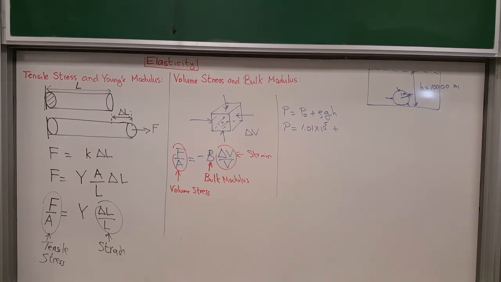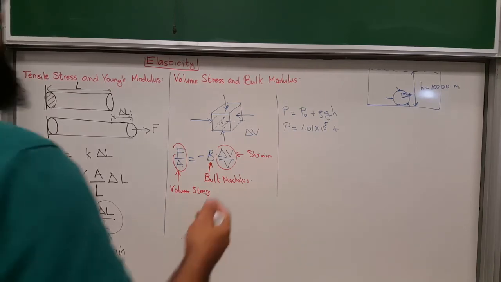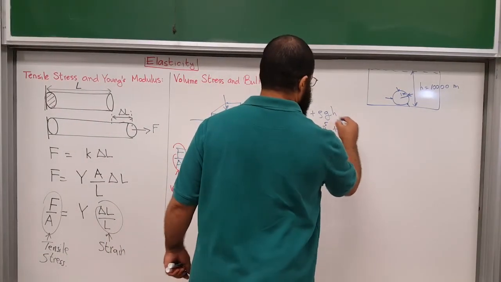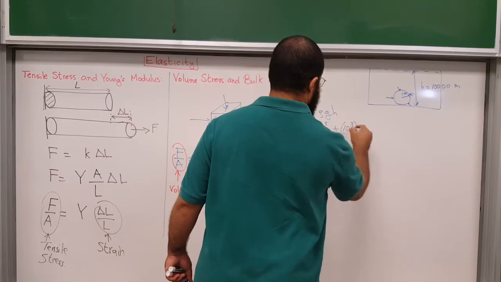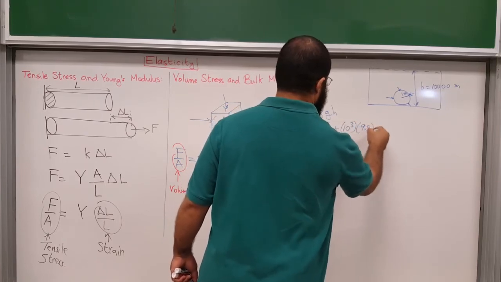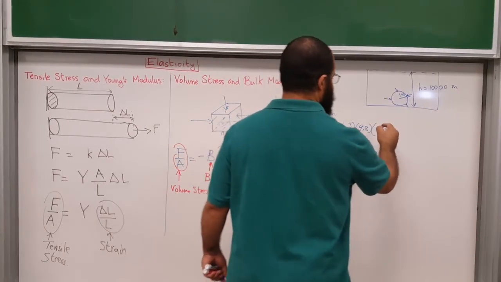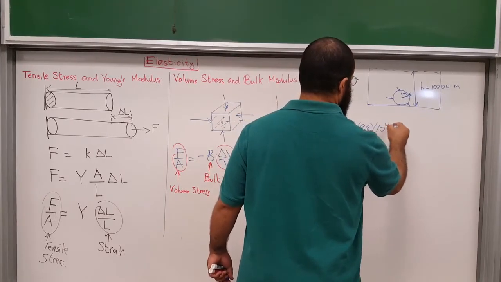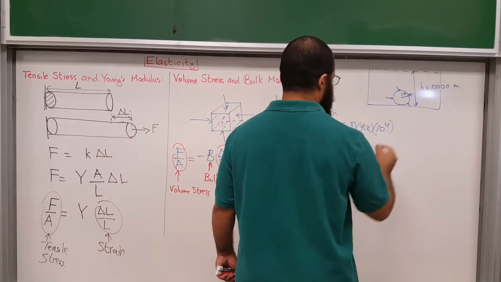Let me just use 1,000 for water, so it's easier. So it's 10 to the 3 for the density. g is 9.8, and here 10,000 is 10 to the 4th power.